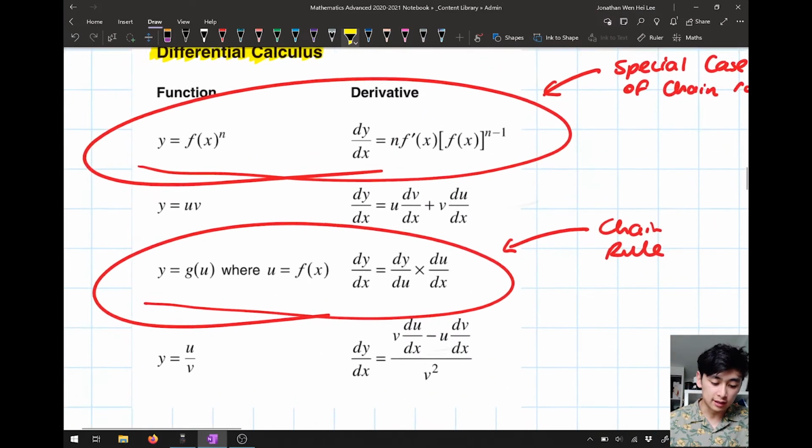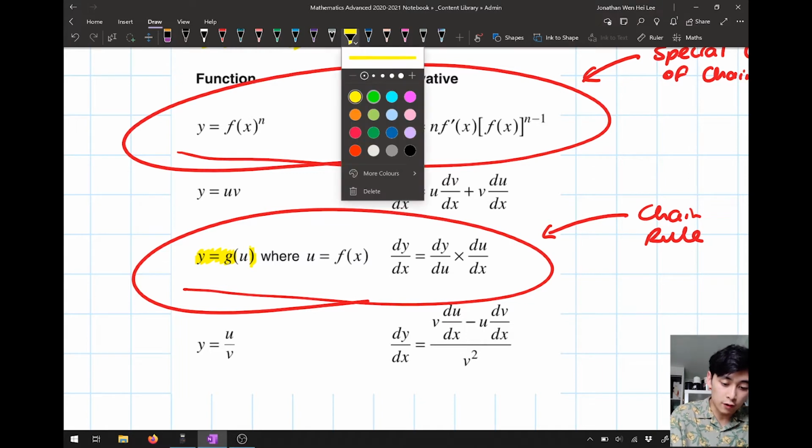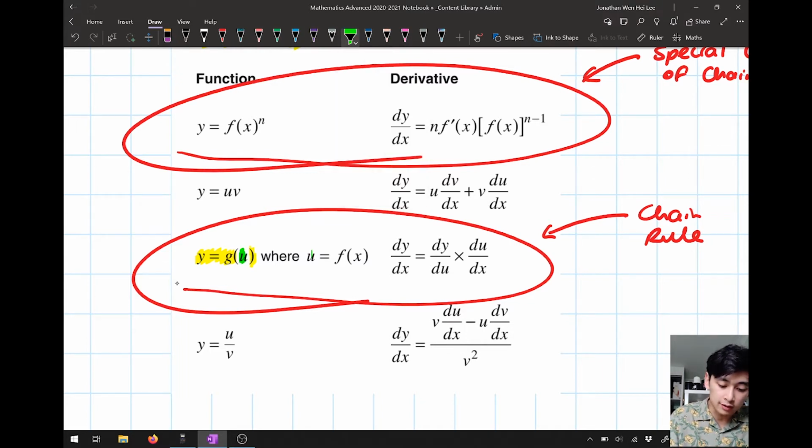So if I'm looking at this, the way I look at it is, y is equal to g of u. So I've got g as a function, and I've got u as a separate function, where u is f of x. So I've got a function f, which is inside my bigger function g.